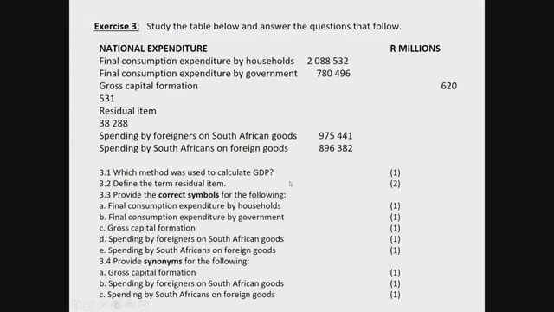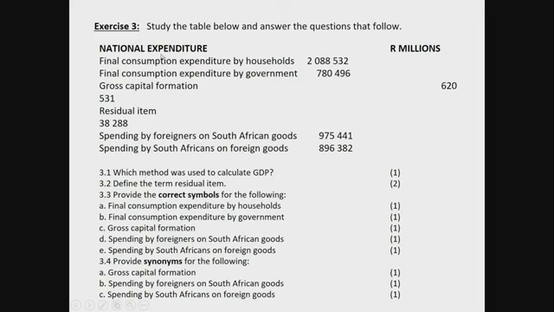Right, so let's have a look at what they're saying here. Here they give you a table and there are all the amounts. The gross capital formation is 620,531 and the residual item is 38288. So now the question is, which method has been used to calculate GDP?